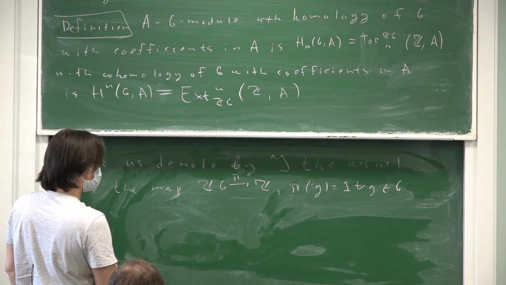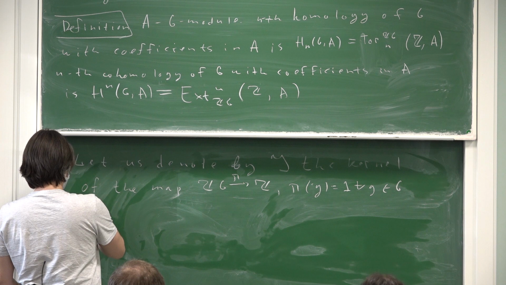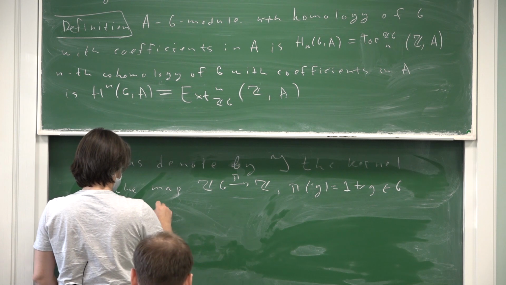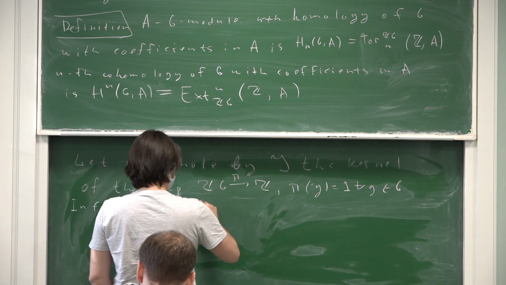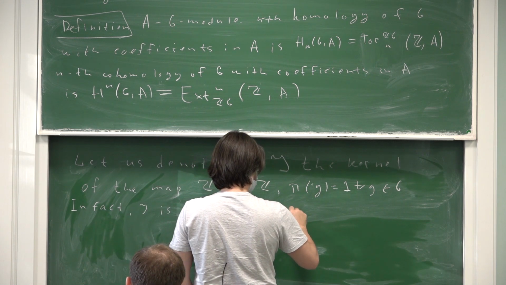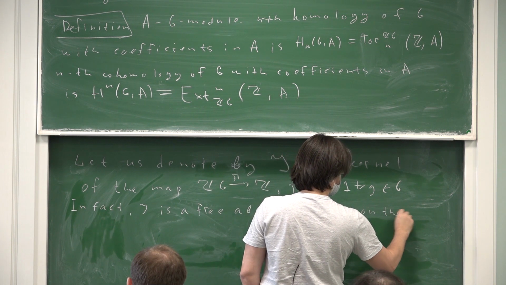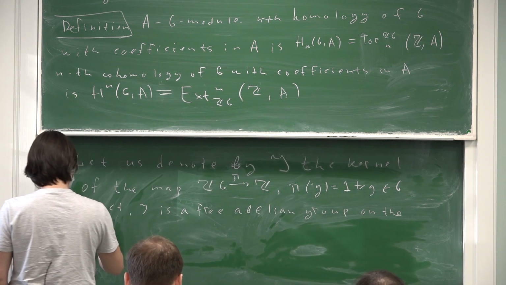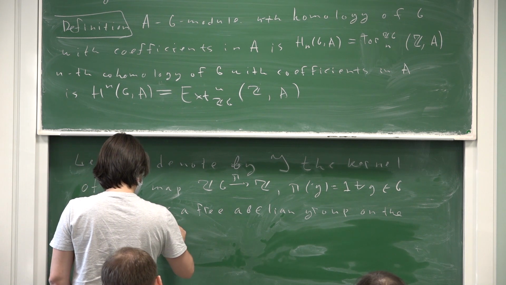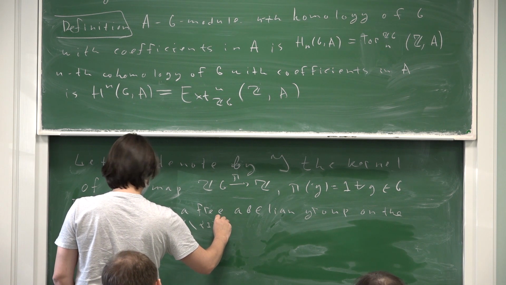So in fact, J is a free abelian group on the set g minus 1, g from G, without the unit.